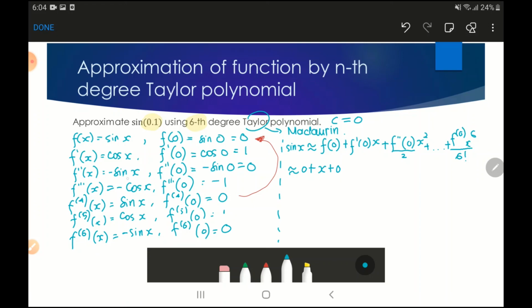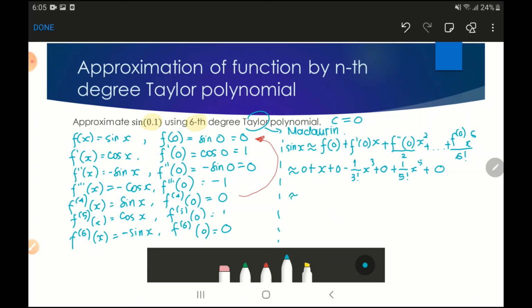The third one will be minus, because it's the third one, 1 over 3 factorial times x cubed, and the plus is 0, and the fifth one is 1 again, so we have plus 1 over 5 factorial x to the power of 5 plus 0.